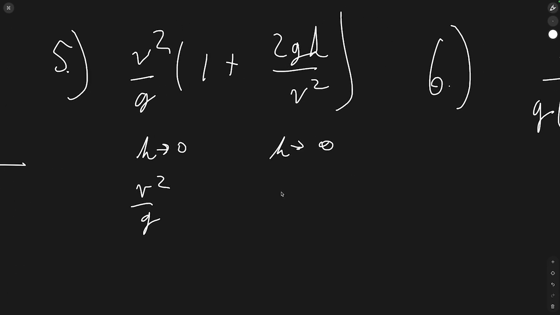We have v squared. This becomes the dominating term, so v squared over g times 2gh over v squared. v squared and v squared. g and g. And it goes to infinity, so I don't see what's wrong with that.